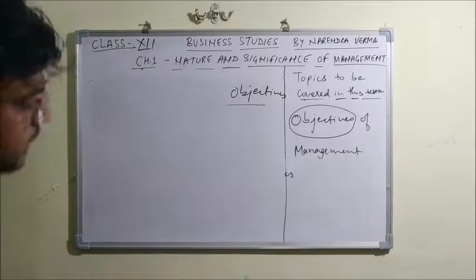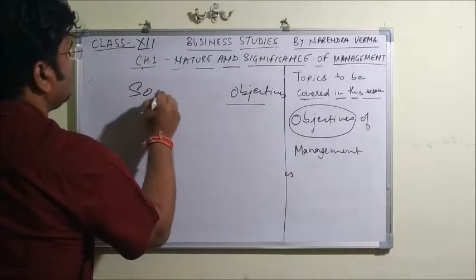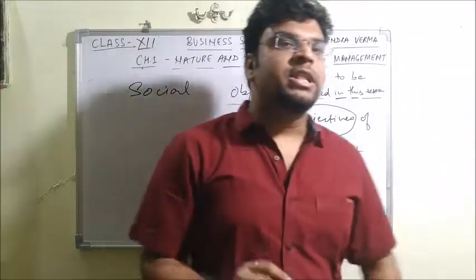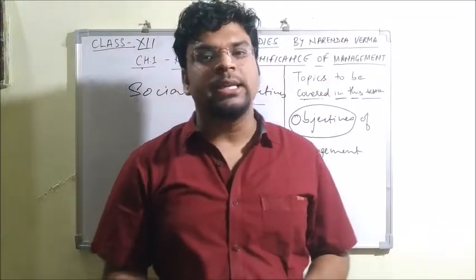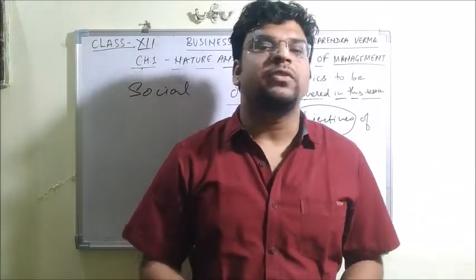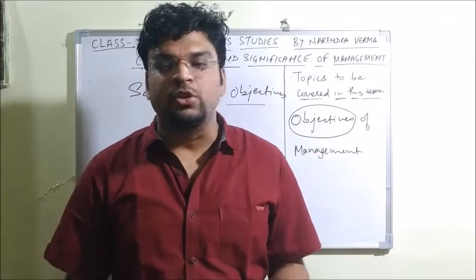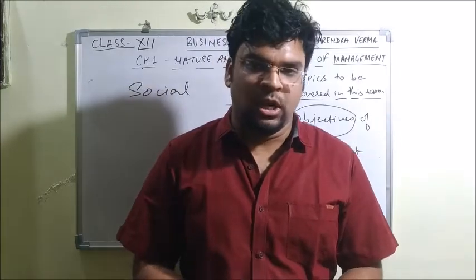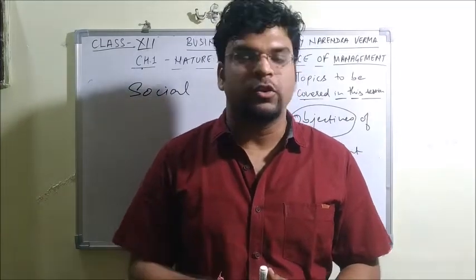The second category of objectives is social objectives. Now, we know very well that business needs society as well as society needs business. Today, whatever we are consuming, whatever we are using, is given by some kind of business. We are putting on clothes, that is the gift of business.